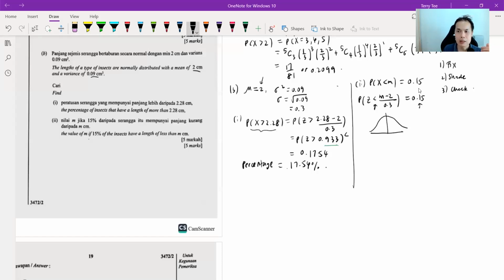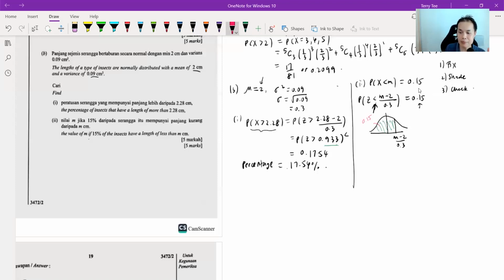For example, let's say I'm not sure where m minus 2 over 0.3 is. I fix it on the right-hand side. Then to shade the region, I look at my symbol here. Less than means I shade to the left. The next question to ask yourself is, can this area be 0.15?